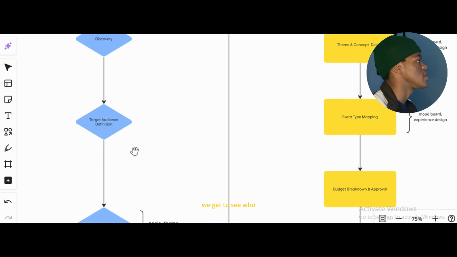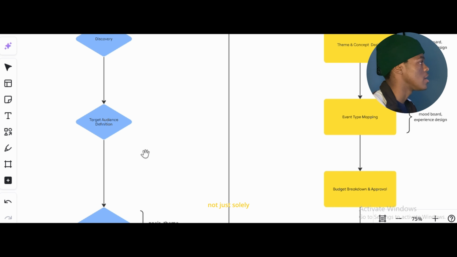Right after discovery, we get to see who we are targeting. We want to define it. Who specifically are we targeting? Are we targeting 18 plus years old? Are we targeting all ages, free for all? Or are we targeting a specific group?